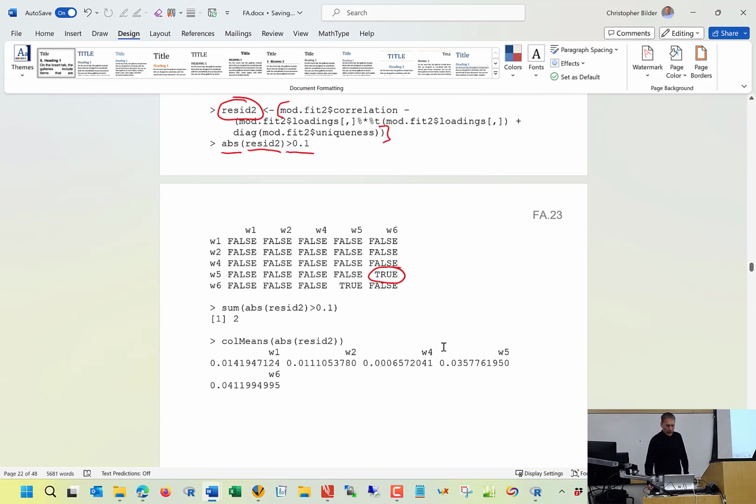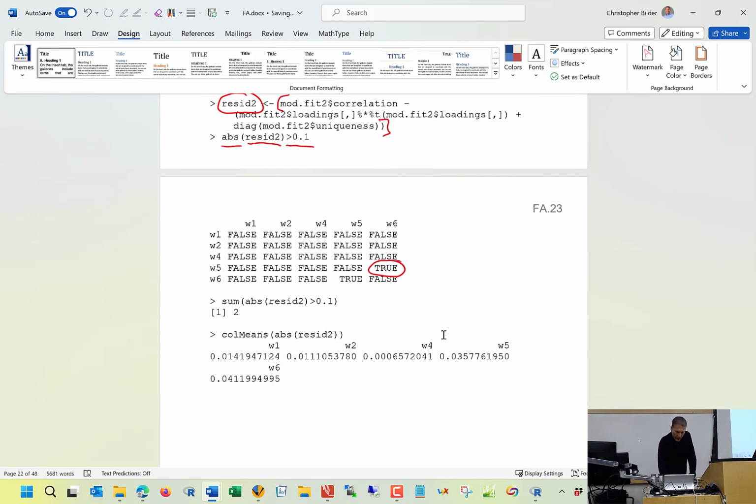Another thing that you can do is put the sum function with that, meaning let's add all the trues and falses up. You might be thinking, well, how can you add trues and falses up? Well, R translates the true to a 1, a false to a 0. So notice here, I had a value of 2. Why?